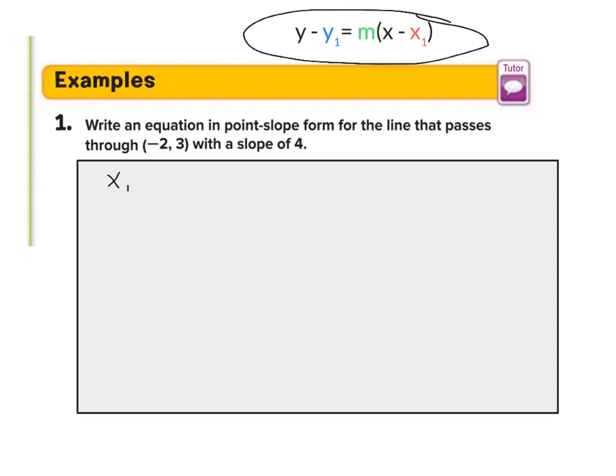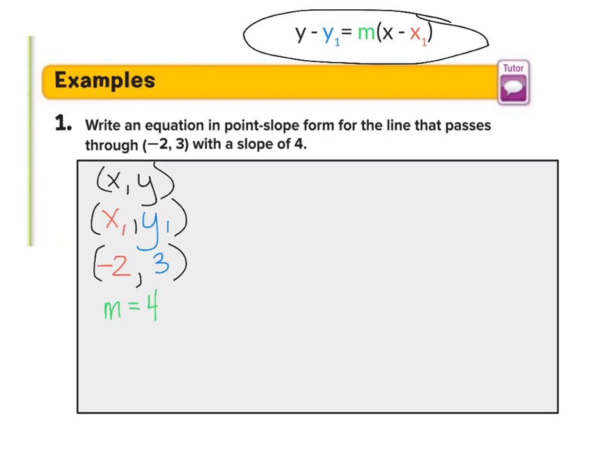So x, y are how I write coordinates, and then my x1 and y1 are in those colors. So my x1 is -2 and my y1 is 3. So that's my x1 and y1. And then my slope is 4, so m equals 4.